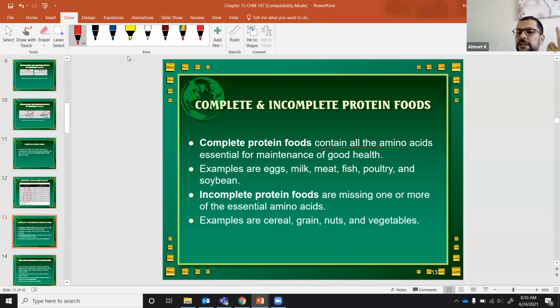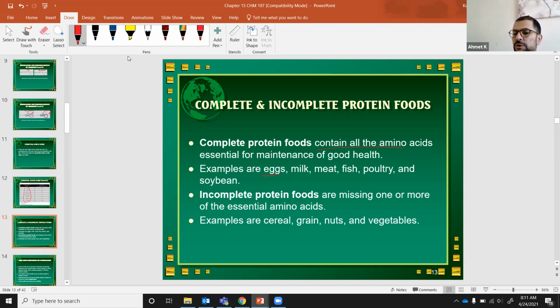And as you can imagine, this will be coming from animal products, for instance egg, milk, meat, or fish. If you consume those types of proteins, then you're going to have complete proteins.